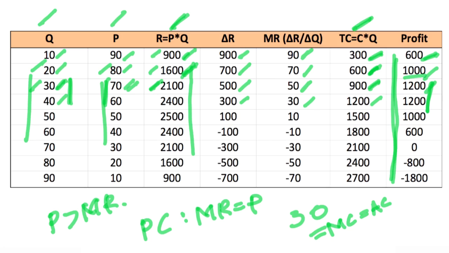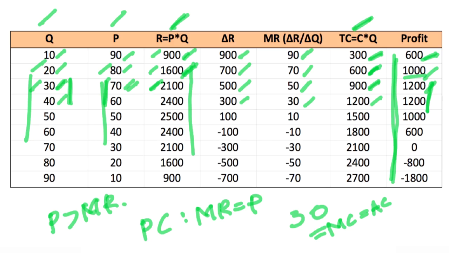The other way, of course, is to use the same calculation that we did earlier in terms of perfect competition, where we said a perfectly competitive firm should produce as long as the price is greater than the marginal cost and should stop when price is equal to marginal cost.